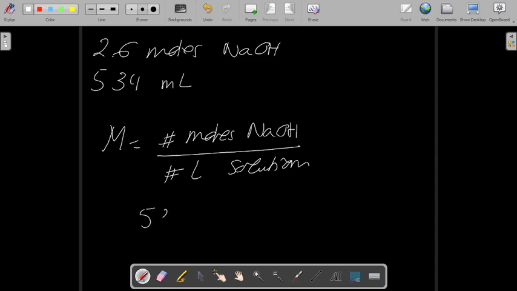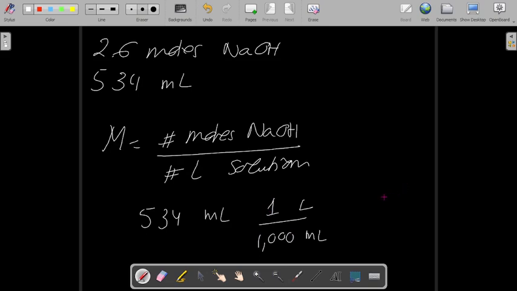So 534 milliliters, open the conversion factor and put the units you are trying to get rid of at the bottom, the new units at the top, and write the equivalency. So how many milliliters are in 1 liter? It is 1,000 milliliters in 1 liter.